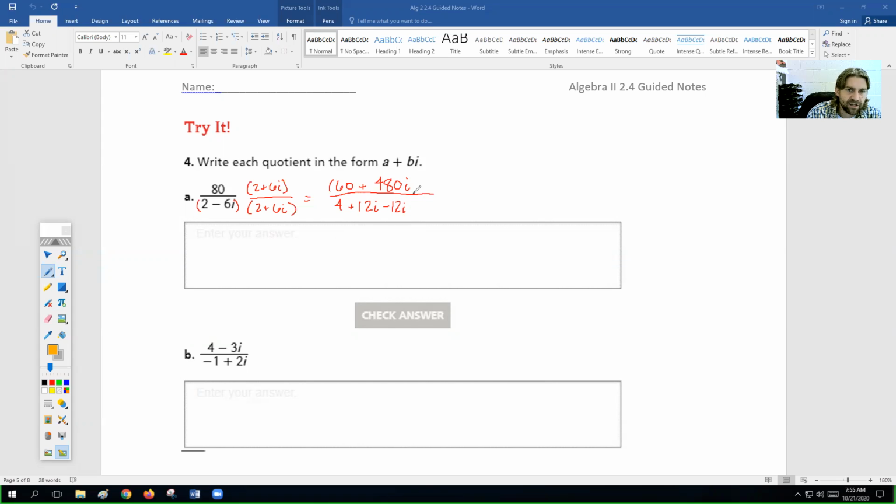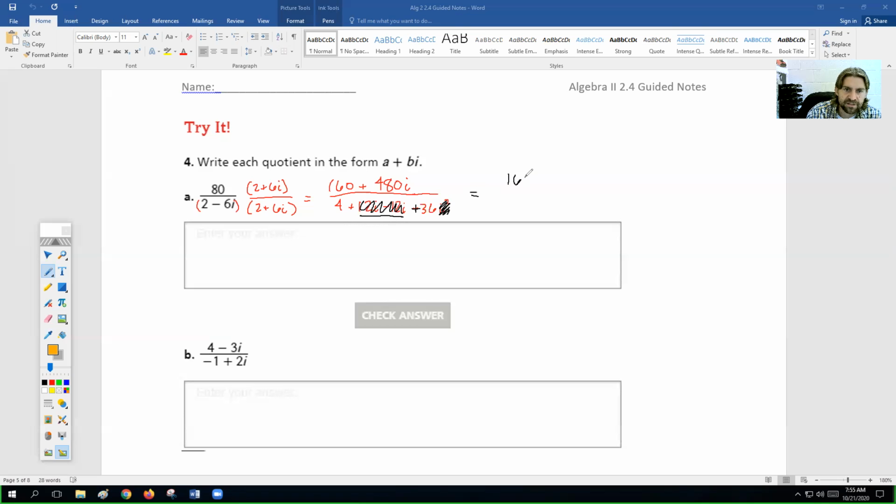Then negative 6i times positive 6i is a negative 36i squared. We should know right now that this i squared is negative 1, so this makes it a plus 36. And the 12i and the negative 12i cancel out.